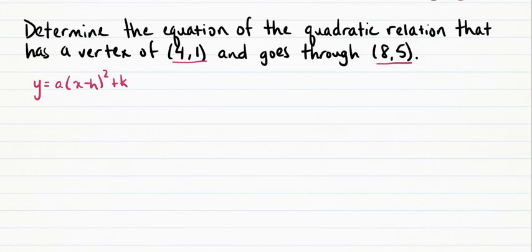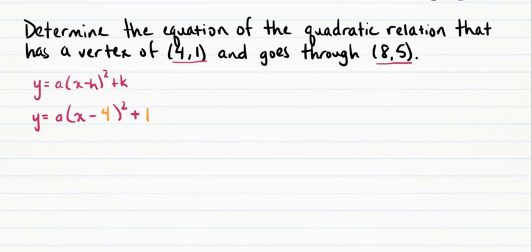Because we know that h and k are the coordinates of the vertex, we can substitute in 4 and 1 in place of h and k. So when we do that, we get x minus 4 in the bracket squared plus k, which is 1.